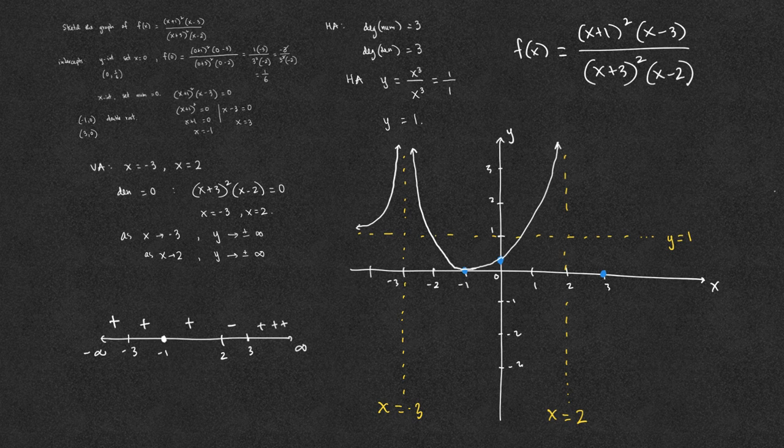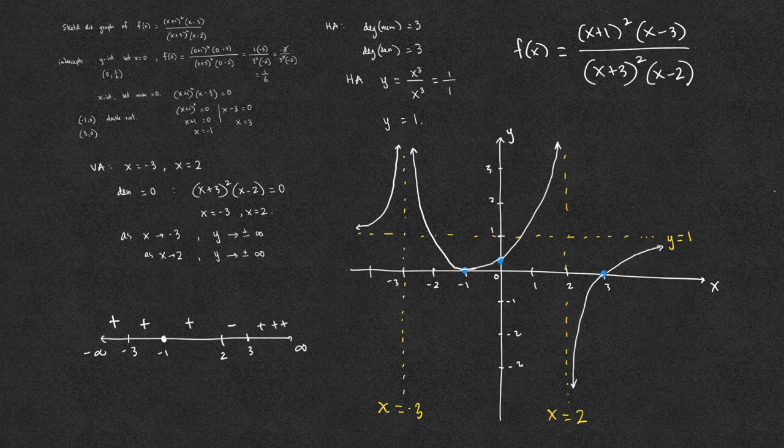From 2 to 3, the graph is negative, and from 3 to infinity, the graph is positive, above the x-axis, and it stays close to the horizontal asymptote.